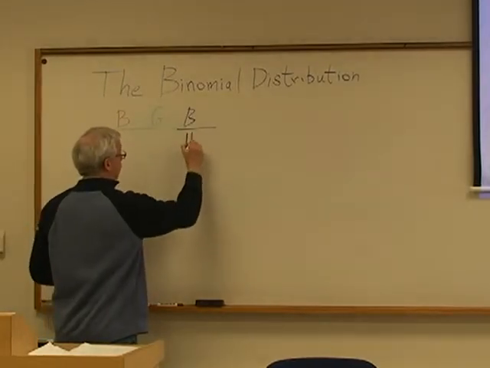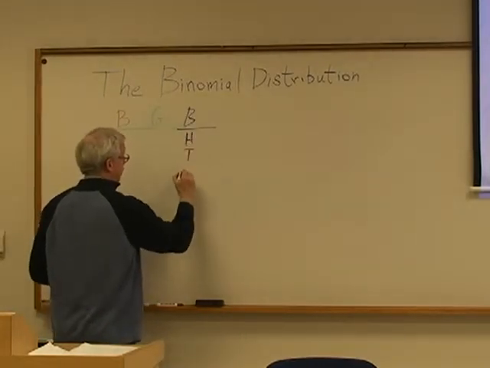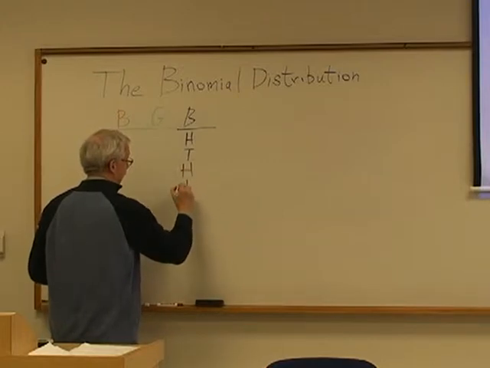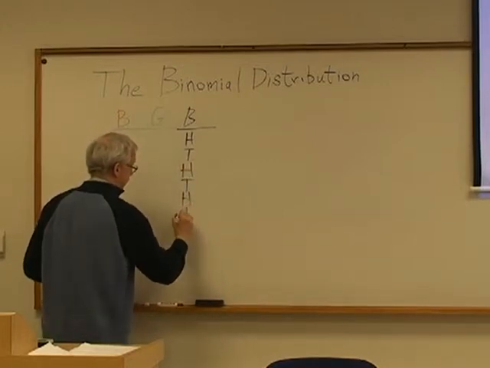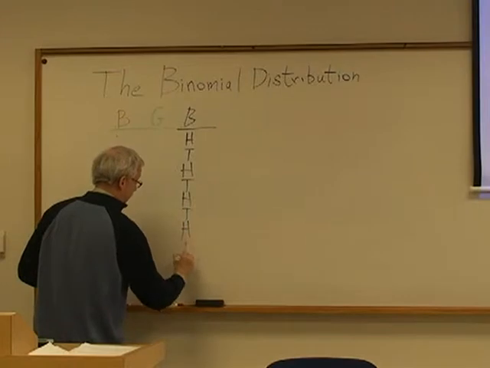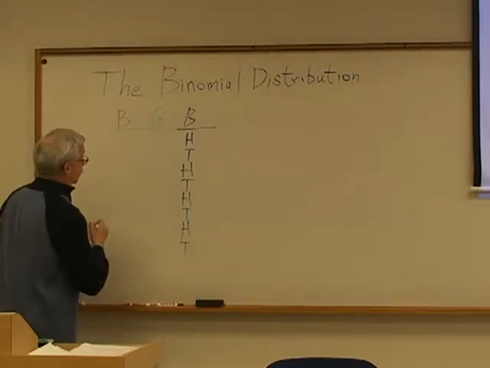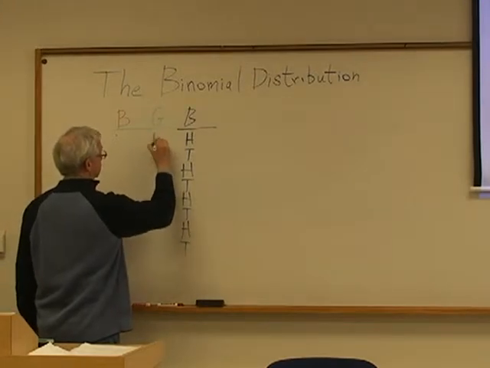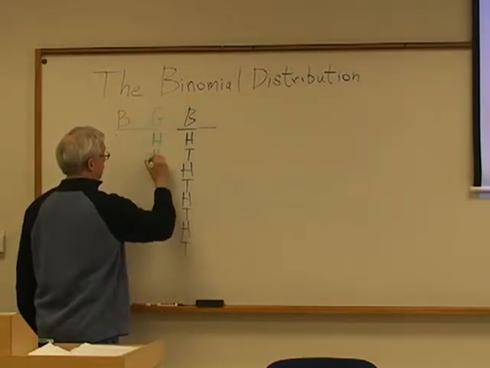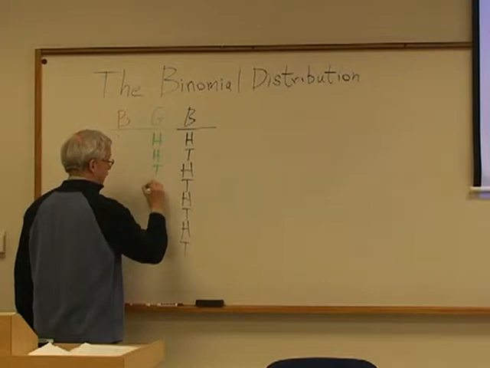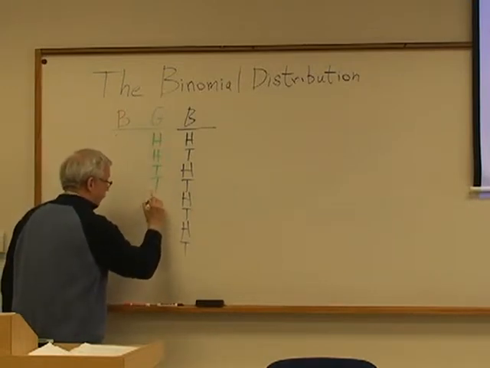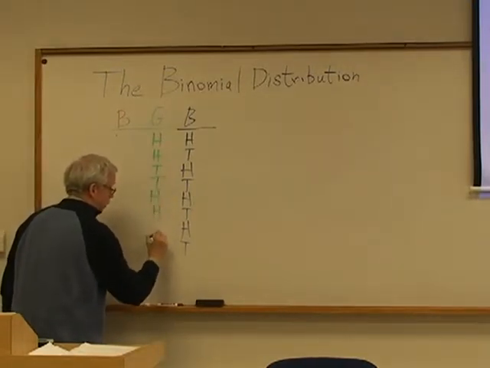I could get heads or tails, heads, tails, heads, tails, heads, tails. On the green coin, with each of these I could get heads or tails or heads or tails.